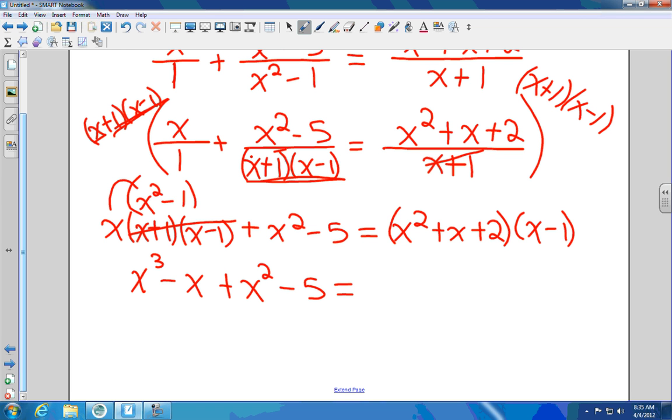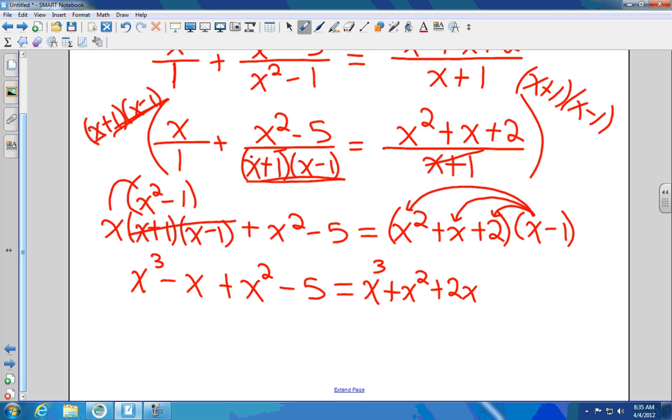So how many terms will you have? 6. You have 6 numbers listed out there. Write them neatly and carefully. So x times x squared, x to the third, x times x plus x squared, and x times 2 plus 2x.